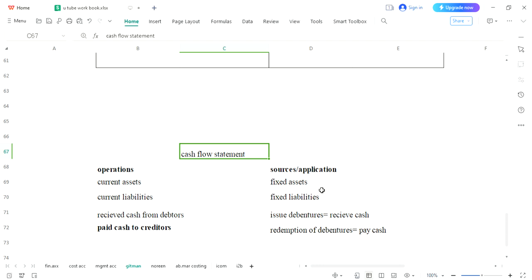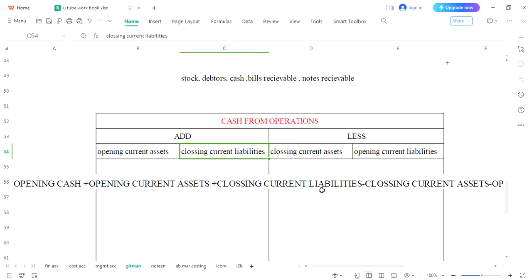So I'm sure that with this introduction, when we start questions, it will surely be very helpful. I'm requesting you, if you want to find cash from operations, please revise this formula, what to add and what to subtract. This formula is important for you. For the time being, in the next lecture, we will be solving questions related to cash from operations.